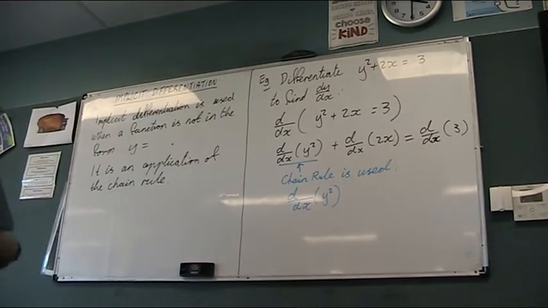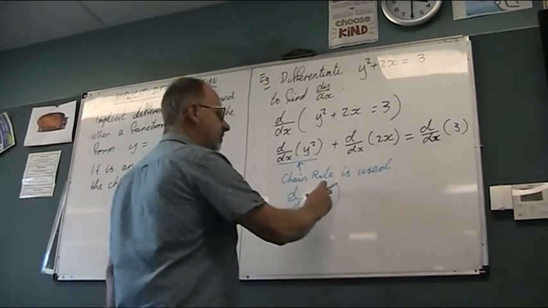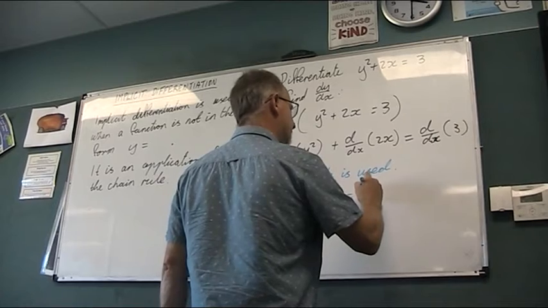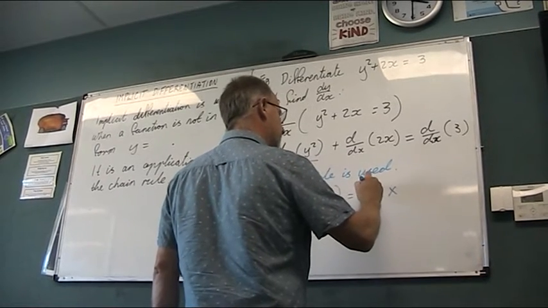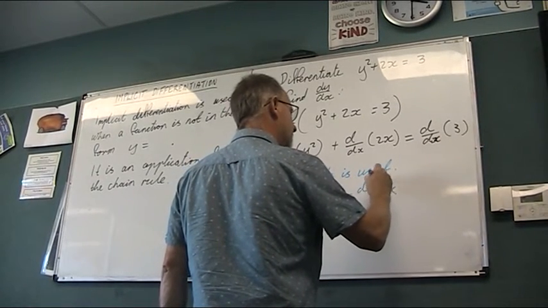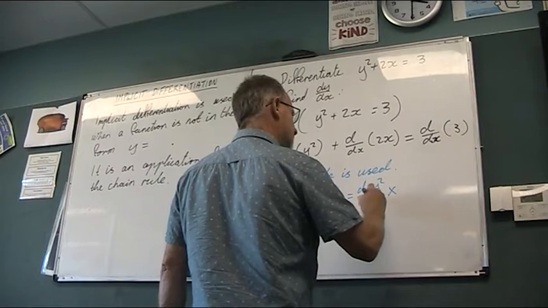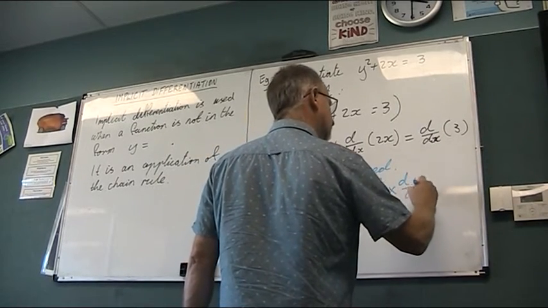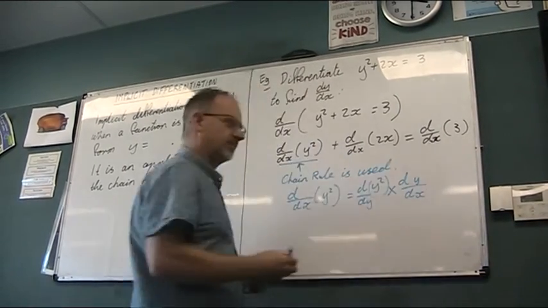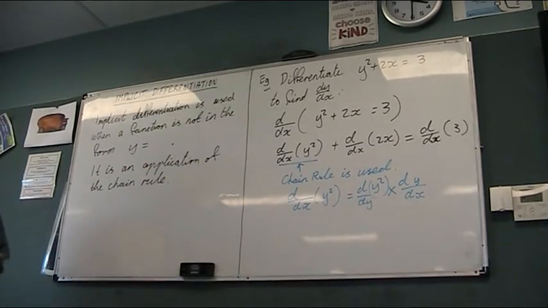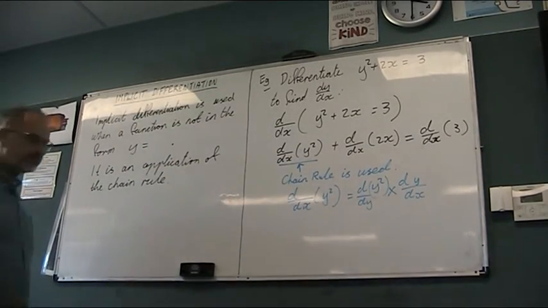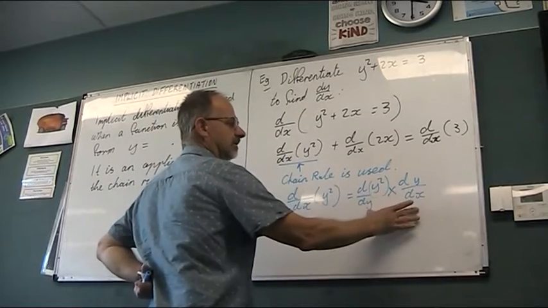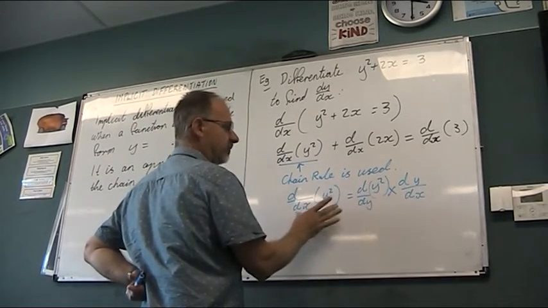The derivative of y squared, because it's y squared, that's where the complication comes in. This is where we're going to put the chain rule. So I'm going to differentiate y squared with respect to y, but then I need to multiply by dy dx. So, excuse me, this is where our chain rule comes in.